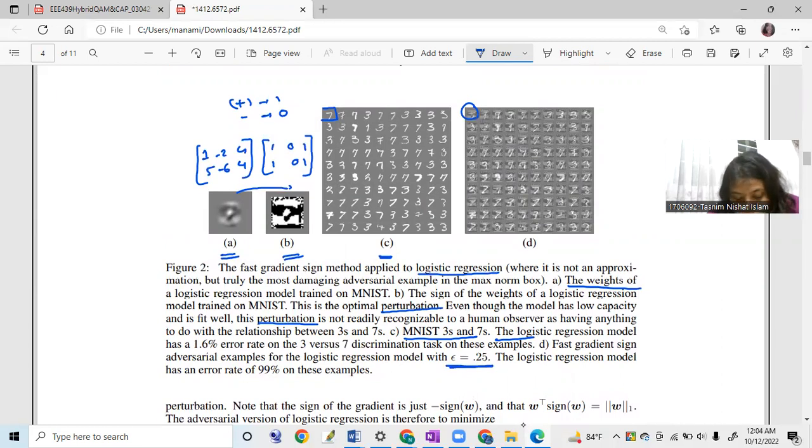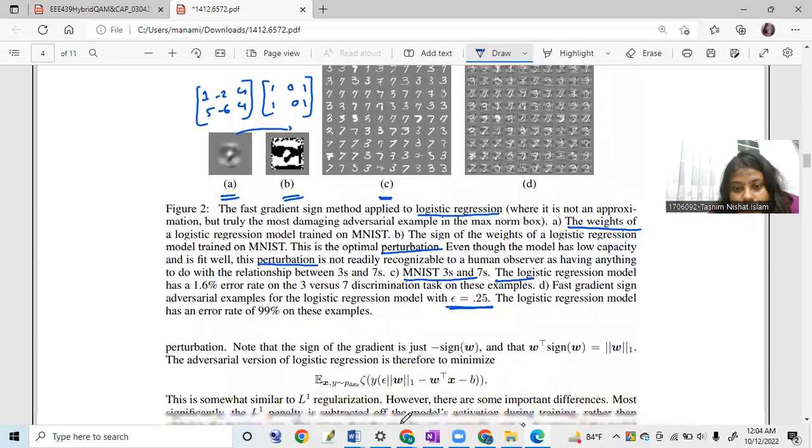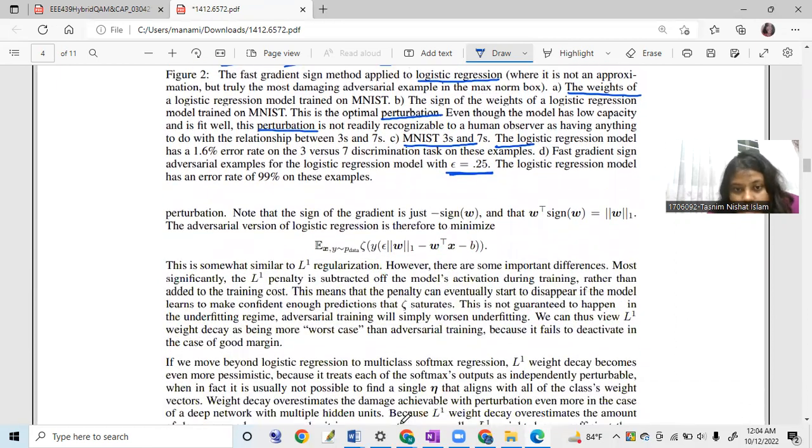This is still clear to us. This is 7, this is 3, this is 8, but the data are disturbed, and then we can also use it in between. And the weights are also handled by this.